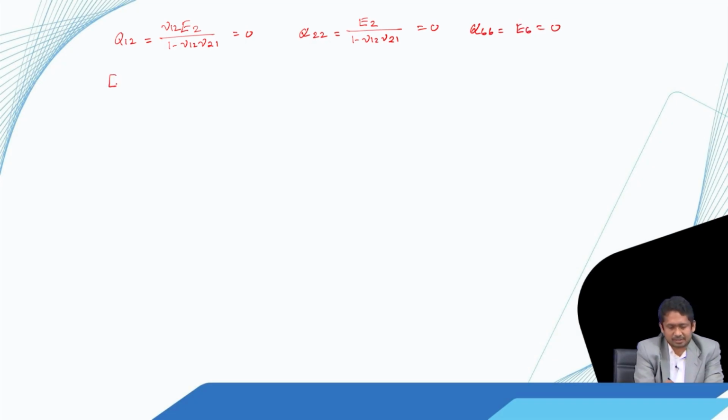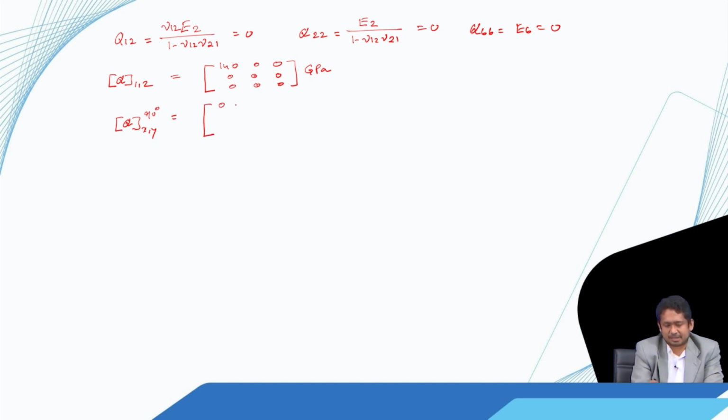So, with that the Q matrix in the 1 2 system that we get is 140 0 0, 0 0 0 and 0 0 0 in GPa. Now, for this in the XY system it is a 90 degree ply.